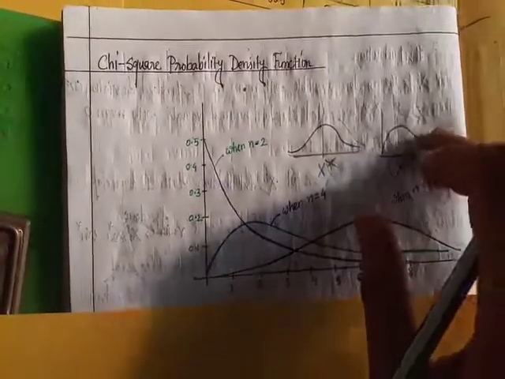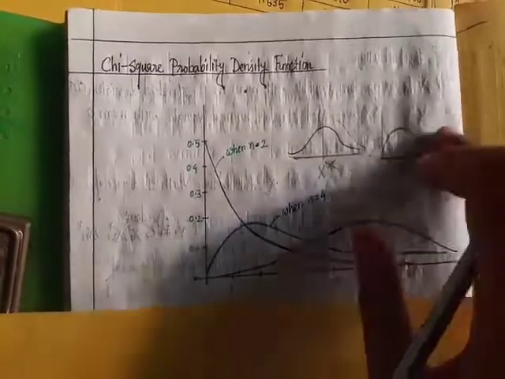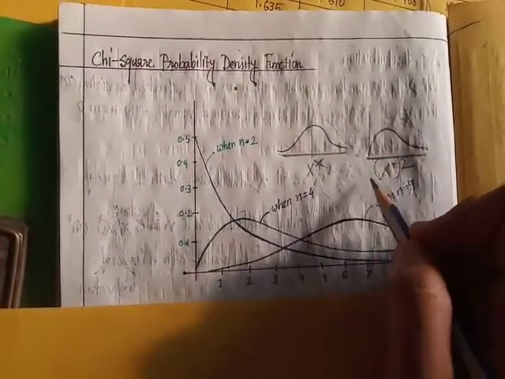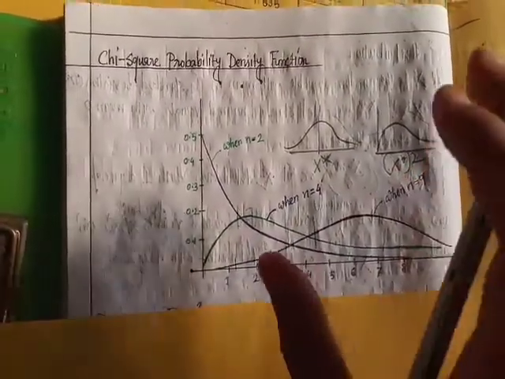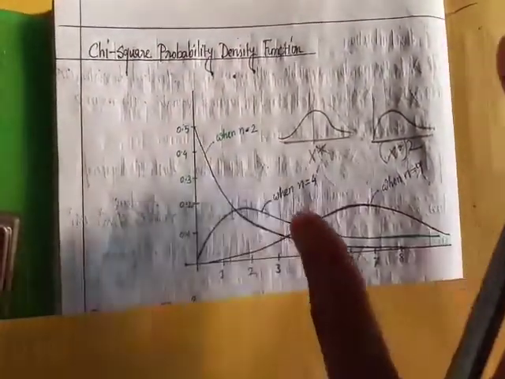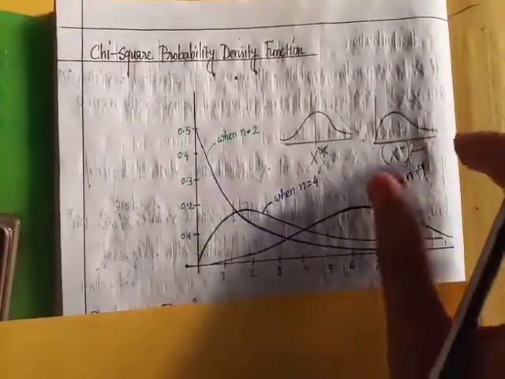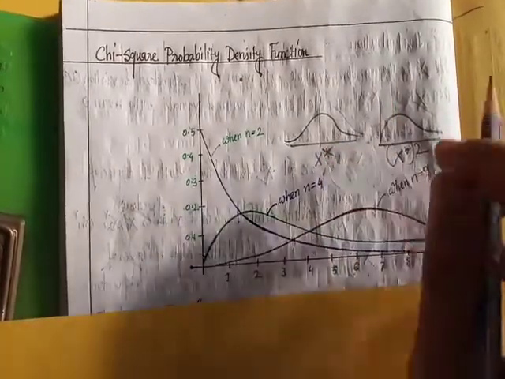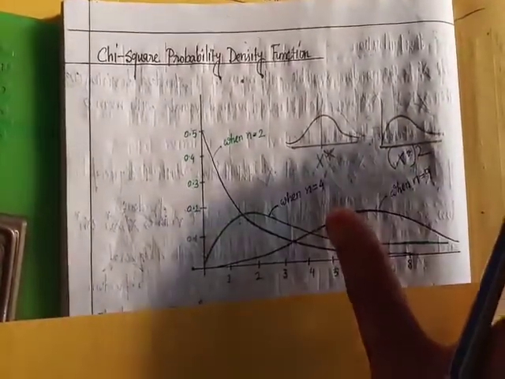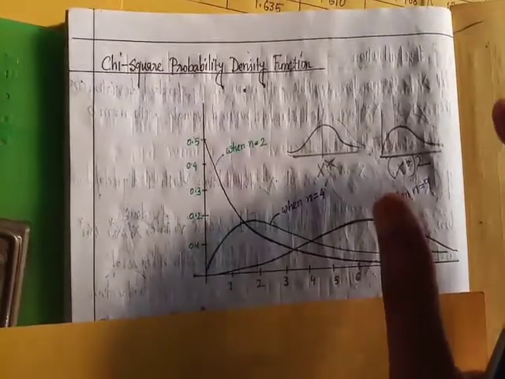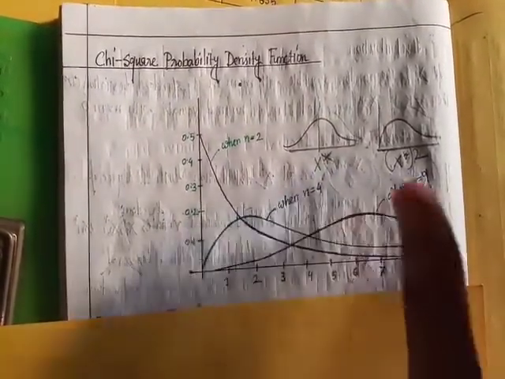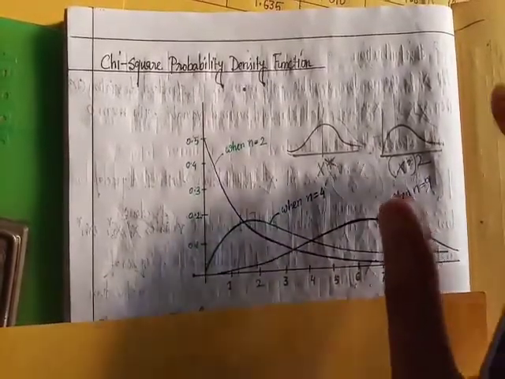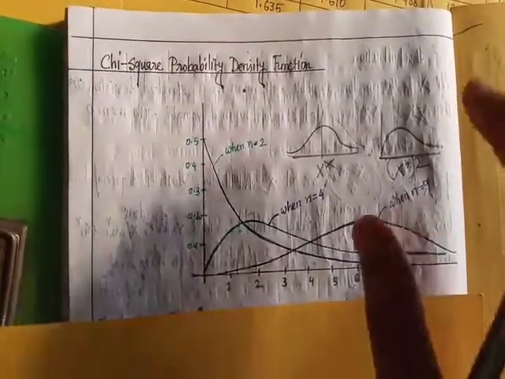So we conclude that the density curve of the chi-square distribution is skewed to the right. Square of standard normal variates means chi-square, so this is the chi-square PDF.